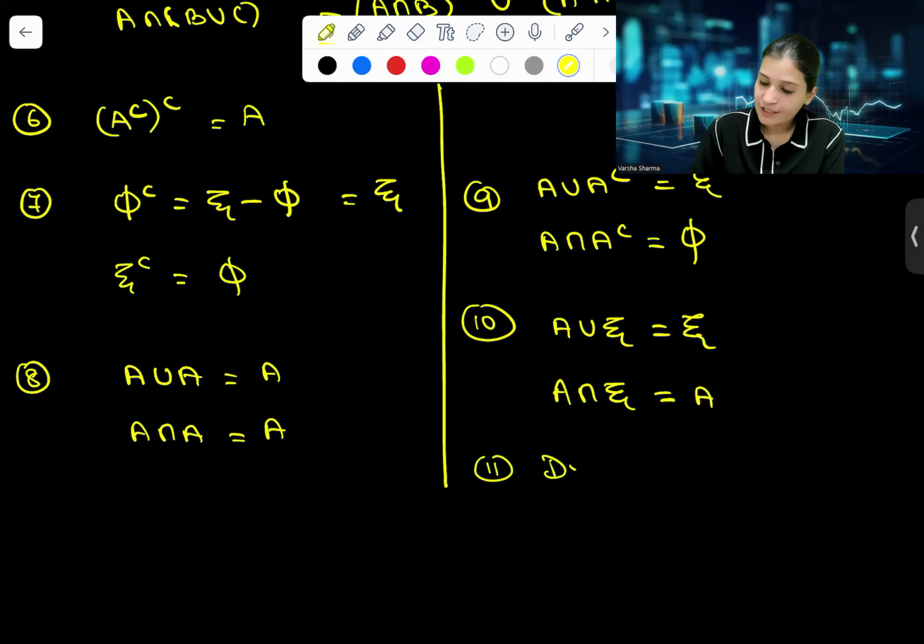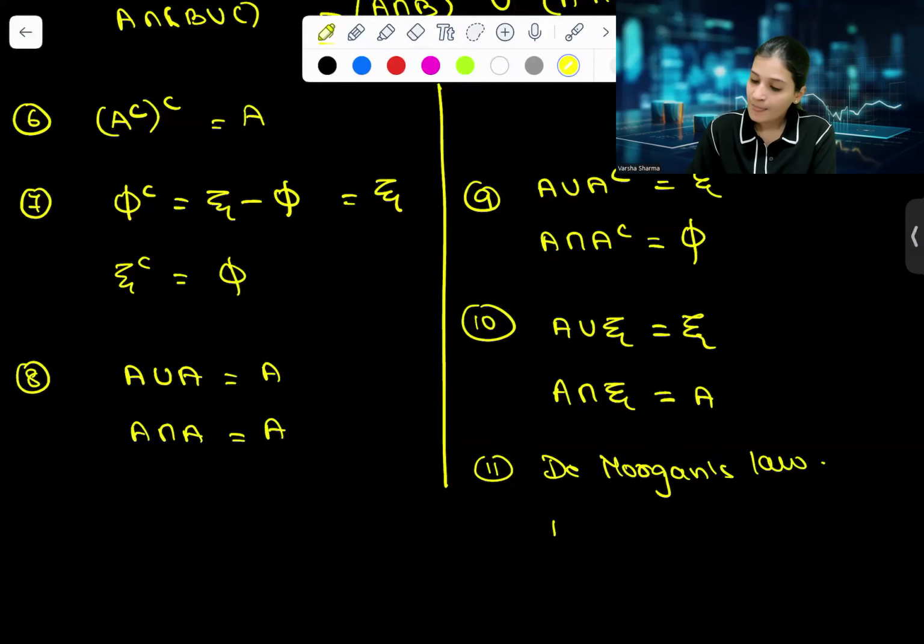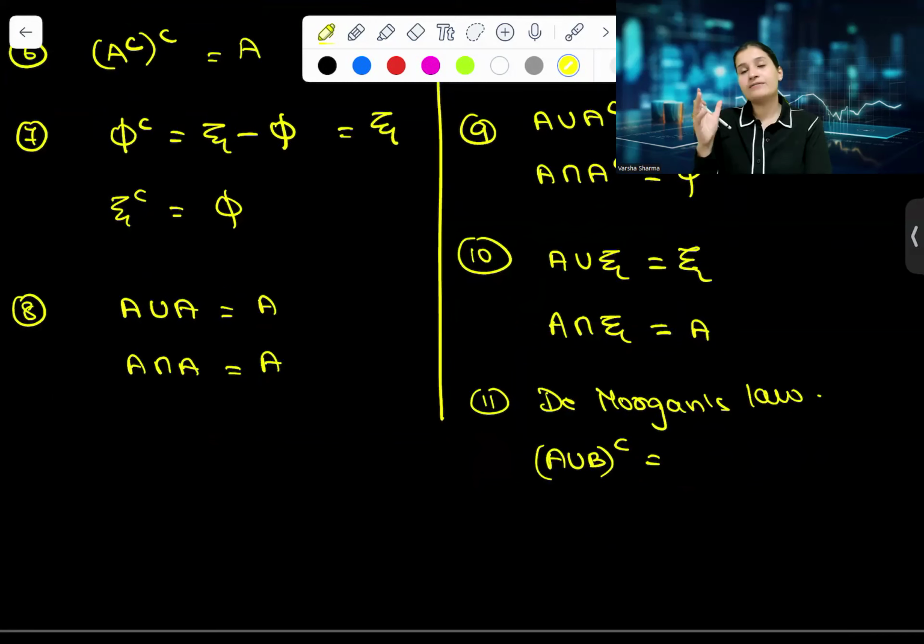Then we talked about De Morgan's law. What was De Morgan's law? A union B whole complement. What was the law? Open the bracket, give the complement to both of them, and the operation in the center gets reversed. So what should I write? A complement intersection B complement.